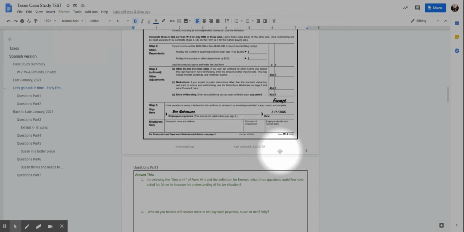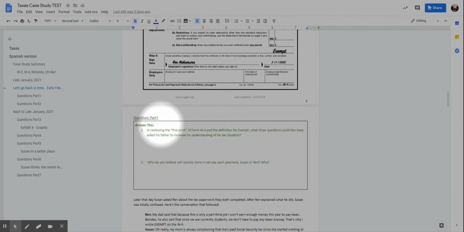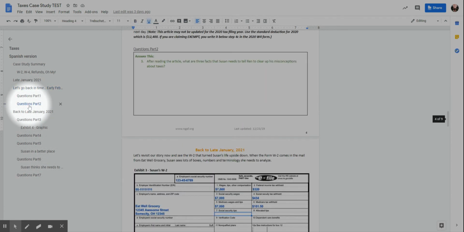Your task, knowing that information and looking at some of the resources, is to answer seven series of questions. We have questions part 1, and you can use this navigation pane over here to see all of the questions. Here's part 1 questions, part 2, part 3.